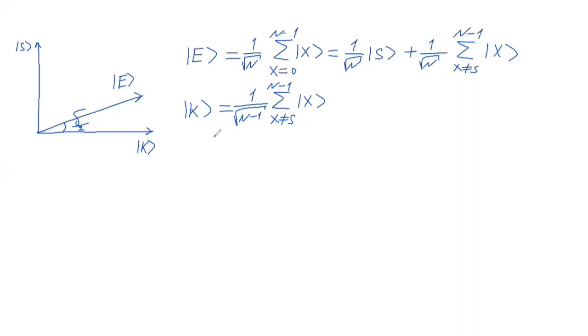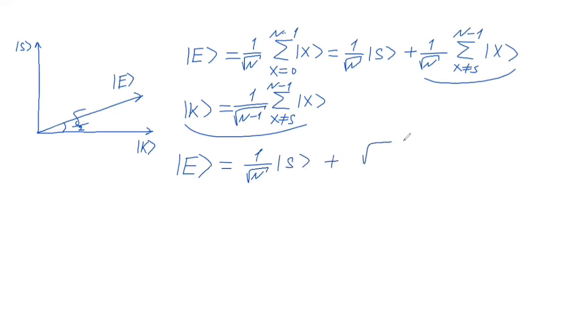because vector k itself is a unit vector. So now, comparing these two expressions, we can write that vector e is equal to 1 over square root of n ket s plus square root of n minus 1 divided by square root of n ket k.